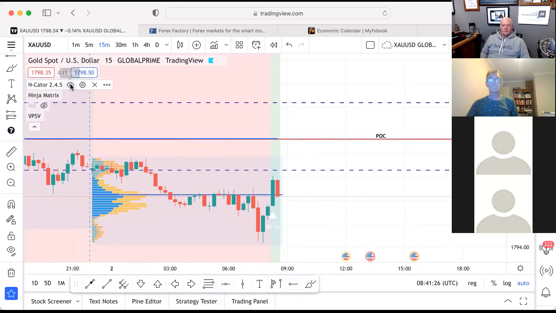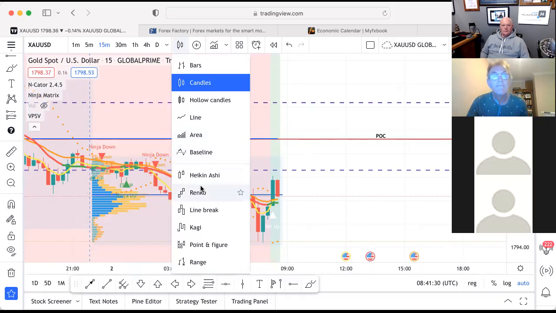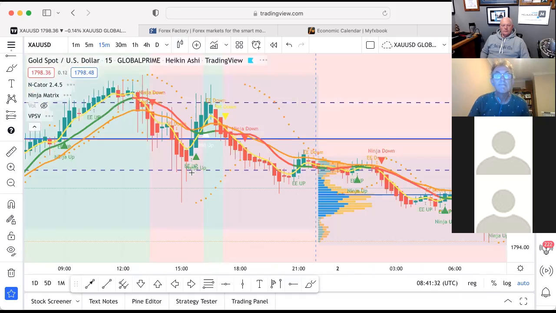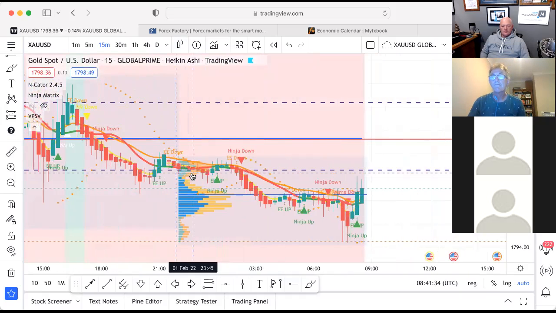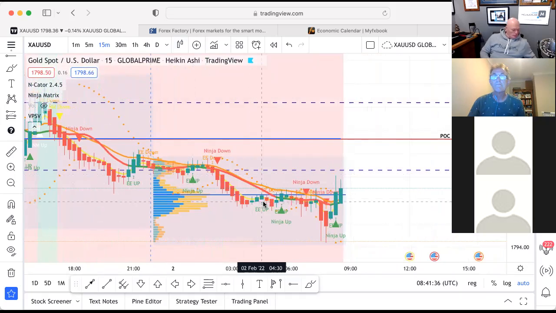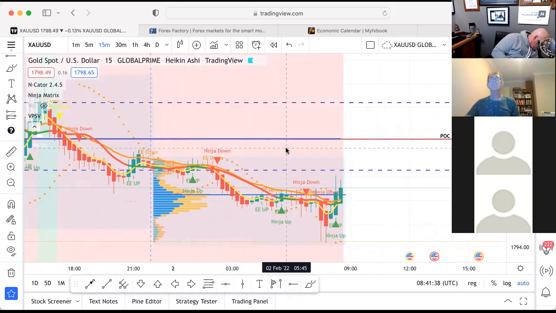And if I put the Ninjacator on, put it on Heikin Ashi, you notice that when you put the Heikin Ashi candles on, the Ninja Matrix changes.